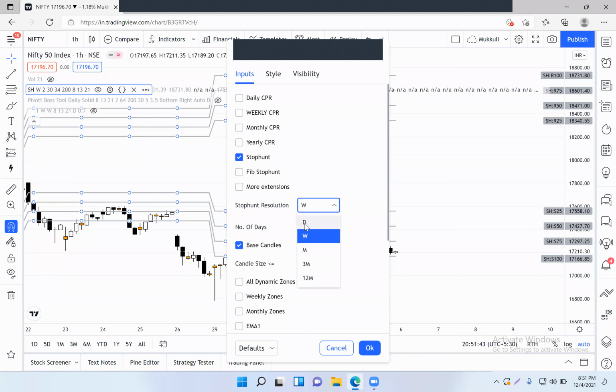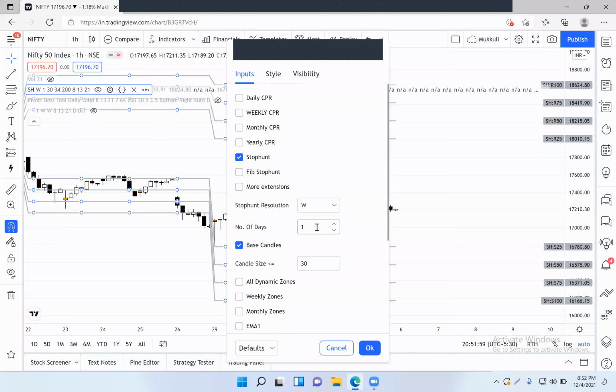Now here is one more basic rule. Whenever you are checking on a daily time frame, you check it with the number of days too, right? But whenever you go to any time frame or resolution above daily, that is weekly, monthly, quarterly, yearly, you will use the period as 1. Because if you use 2, it will take an extension range of at least 2 weeks, which is very volatile.